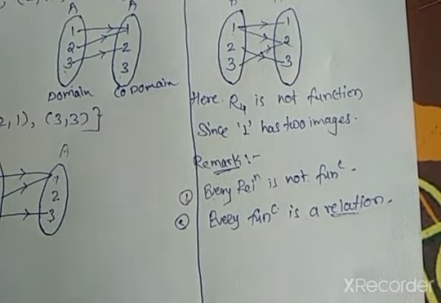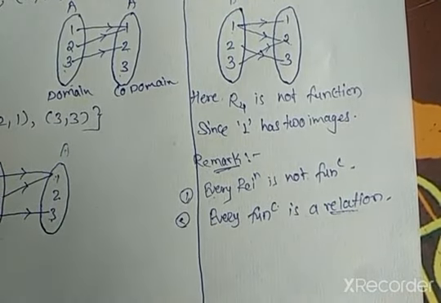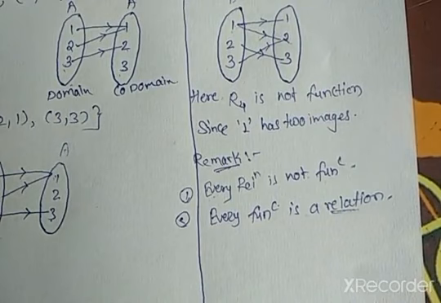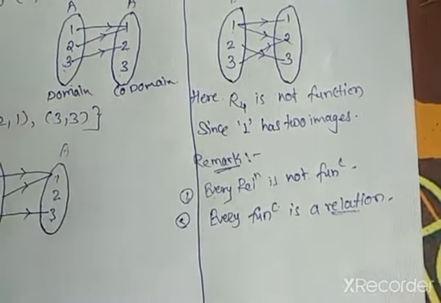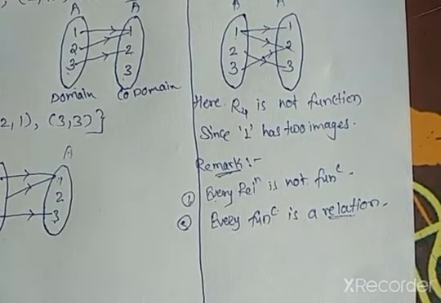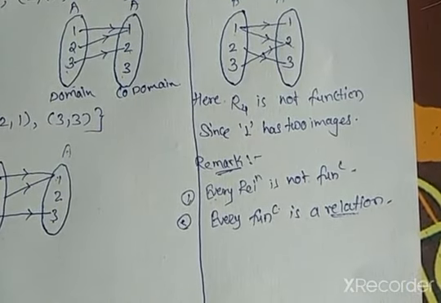Now we go to the next topic in this unit: domain of a function, codomain of a function, and range of a function. We take an example related to domain and codomain.